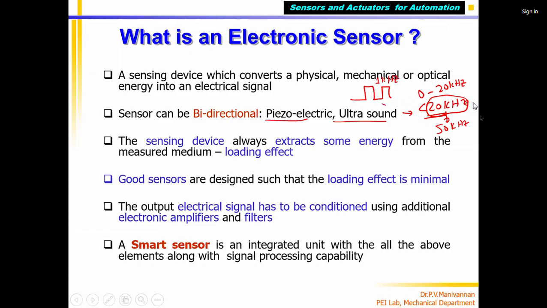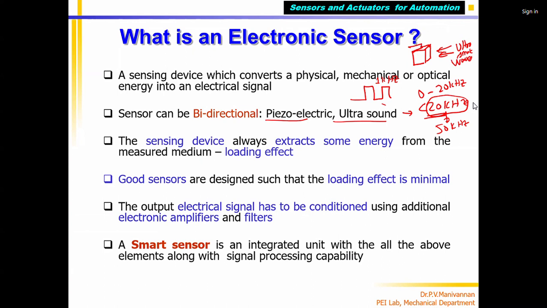So the crystal vibrates because of the applied voltage. Instead, suppose I have an ultrasound crystal like this, and sound waves, ultrasound waves coming from some other crystal, hit it.